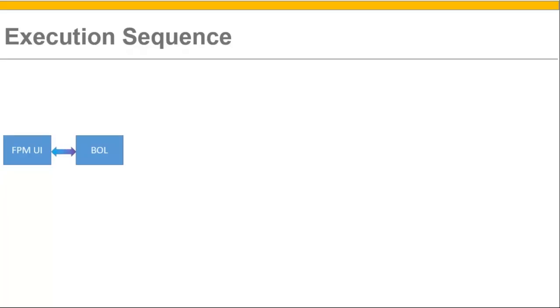FPM UI will connect with BOL, the component which you have seen, BUPA. The same component will connect with Genil. Again, this is also BUPA only. Now Genil will connect with, that means the BUPA component will connect with MDG related abstract classes in the backend.